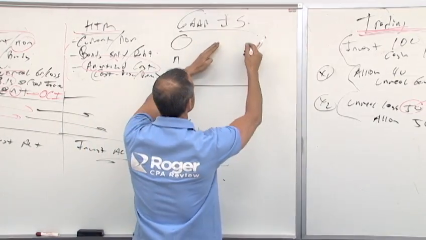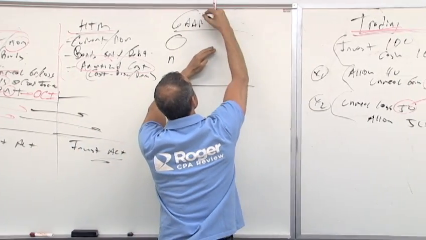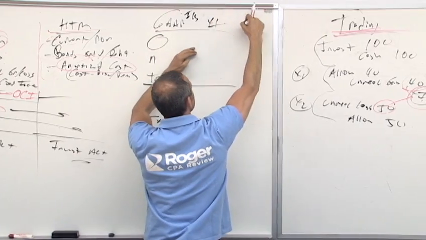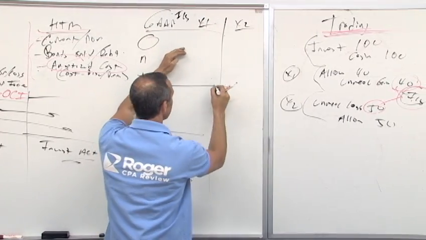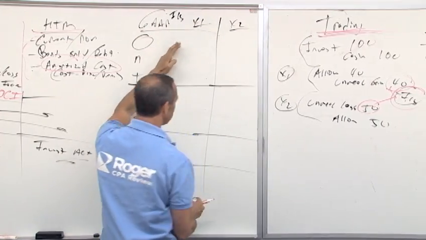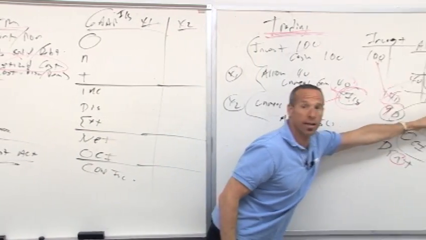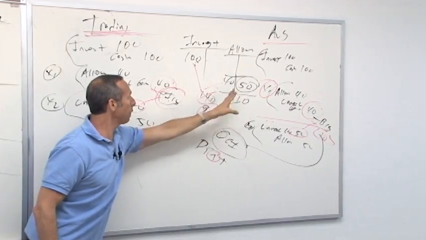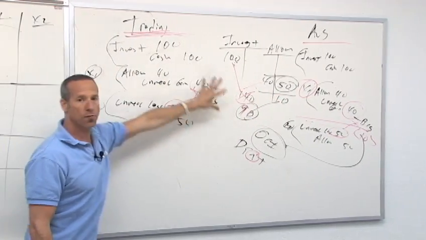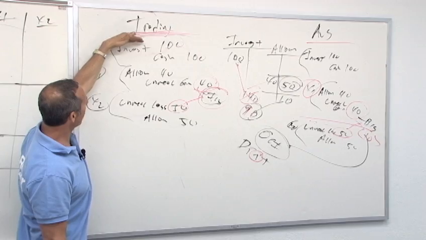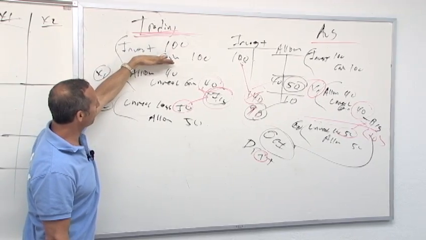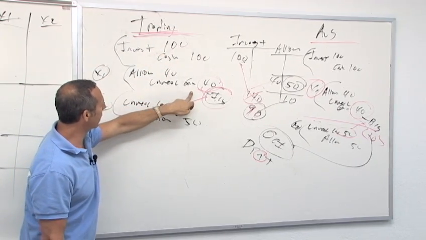So let's say we're looking at this GAAP income statement, and here's X1, here's X2. So let's go through and look at this to compare it. All right. So the first one, I'm going to do this example, just from here back, which is for trading. So for trading, you buy it, investment 100, then it goes up to 140, allowance unrealized, then it goes down.